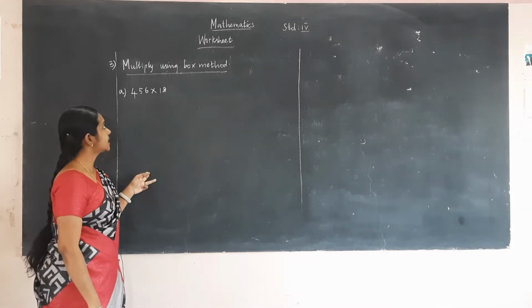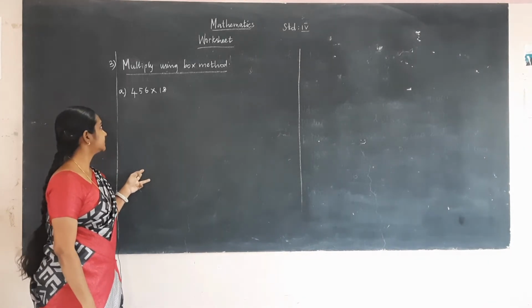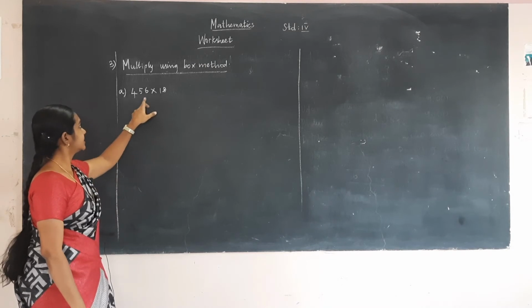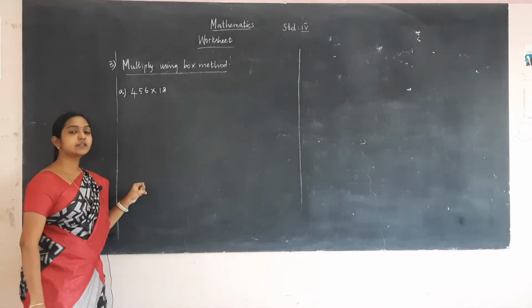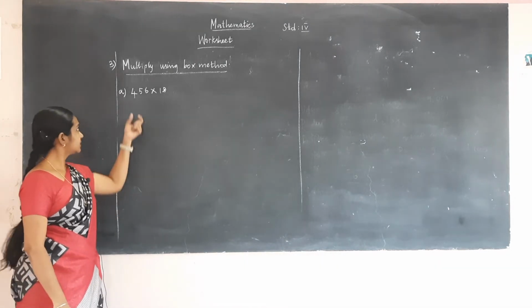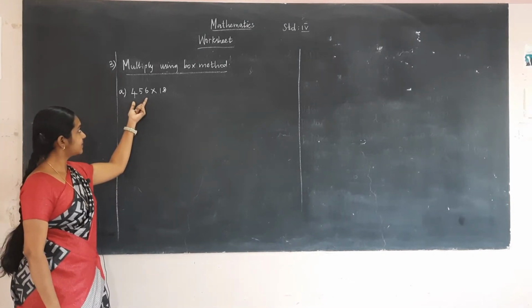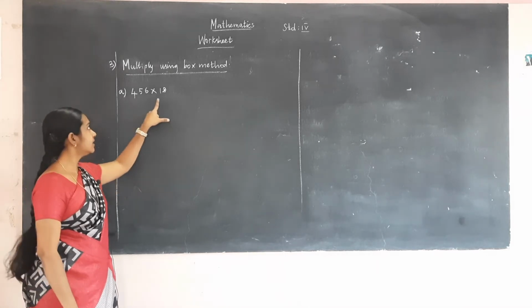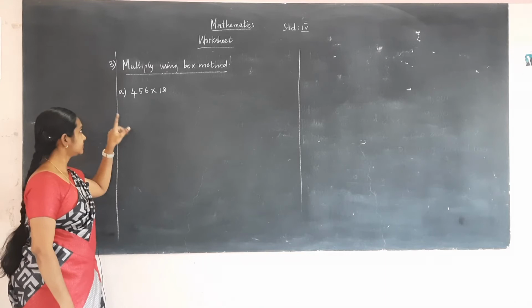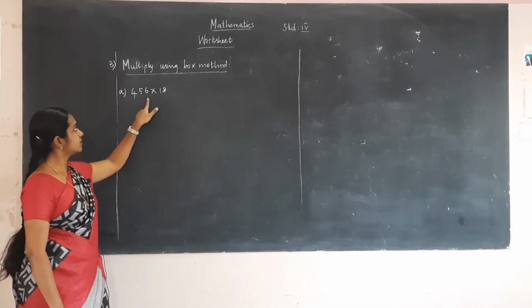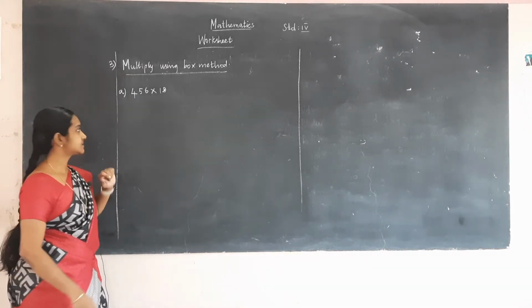The next question is multiply using the box method: 456 into 18. So far in the box method we have learnt about multiplying a 3-digit number with a 1-digit number, but here we have a 3-digit number and a 2-digit number. First draw 3 columns.